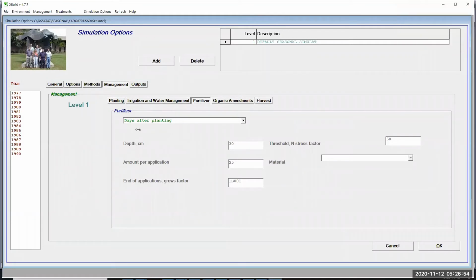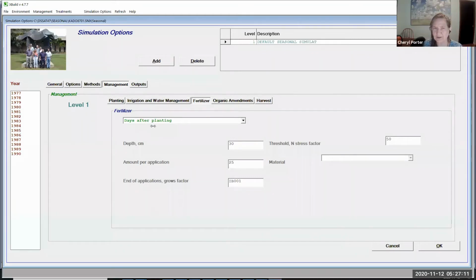This makes modifying your file to run the multiple years much easier later.